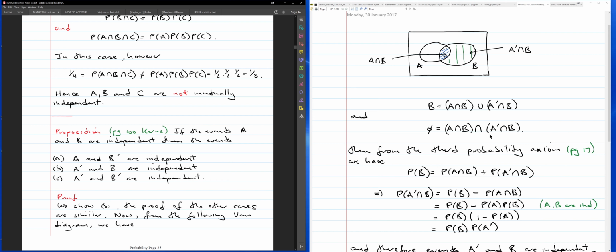The intersection of both of those is empty, which means this union is a disjoint union.